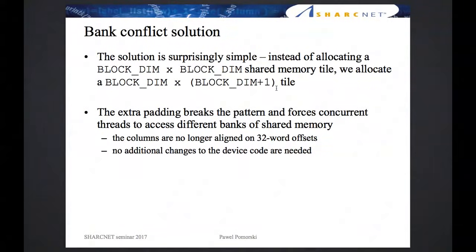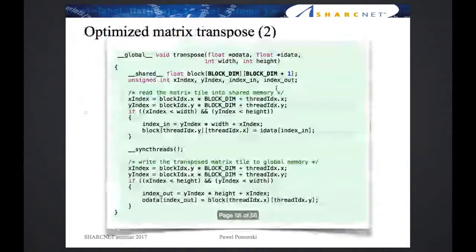And now when we access a column, every single thread in a group of 32 threads will be hitting a different bank. So all we need to do to modify our code is change the dimension to plus 1 from what I've shown you previously. This is really easy and convenient.